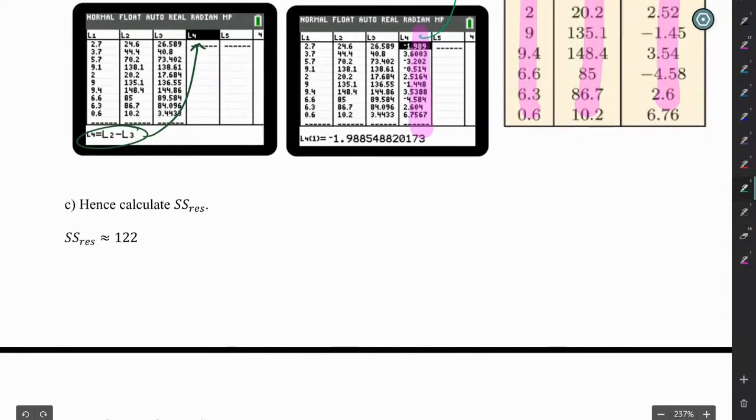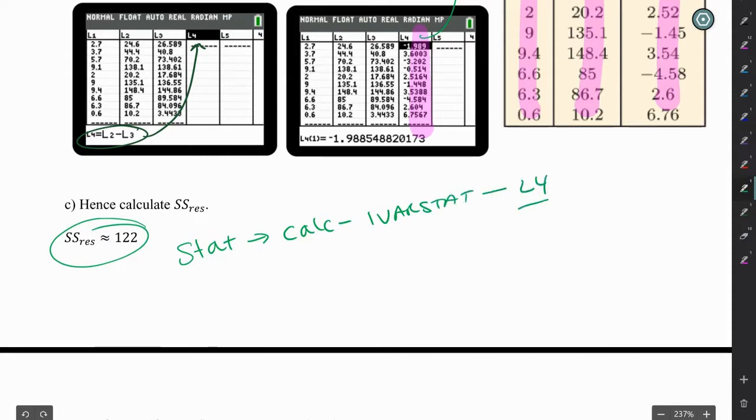And then hence, calculate the sum of the squared residuals. So I just use, remember we can do the stat calc one variable stat on L4, and then we're looking for sum of x squared, and that will give us this number here. And once again, it's rounded to 3 sig figs.